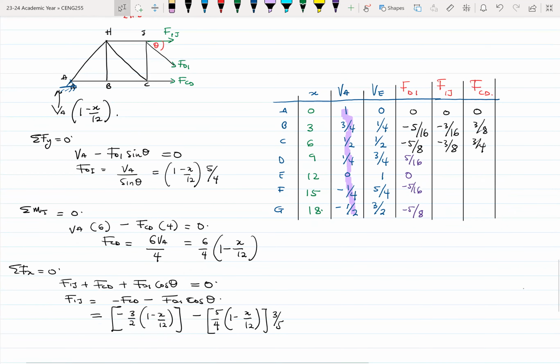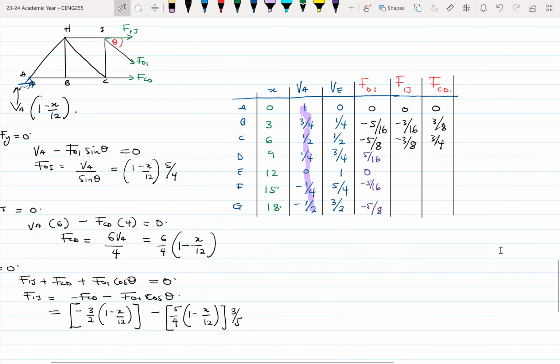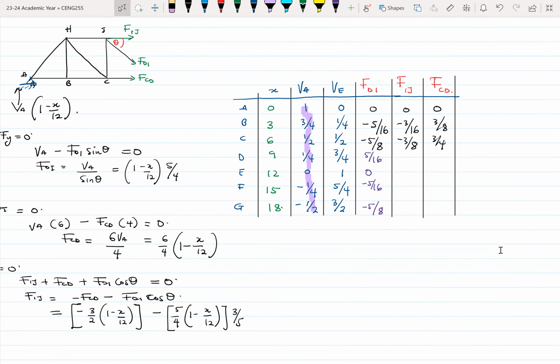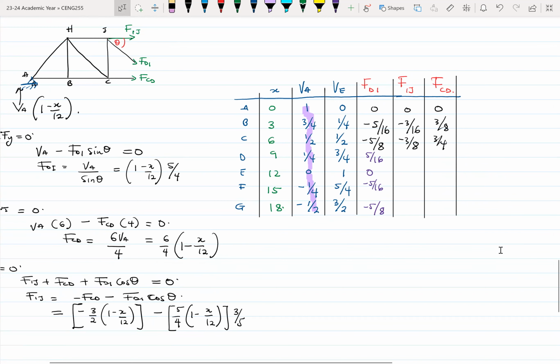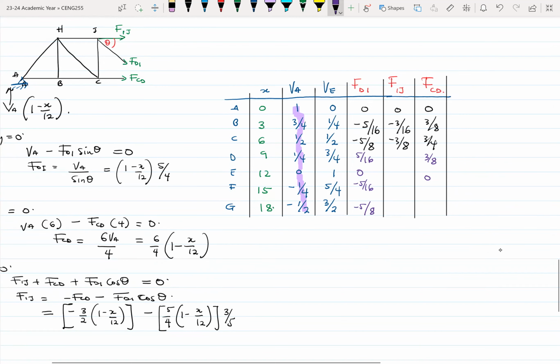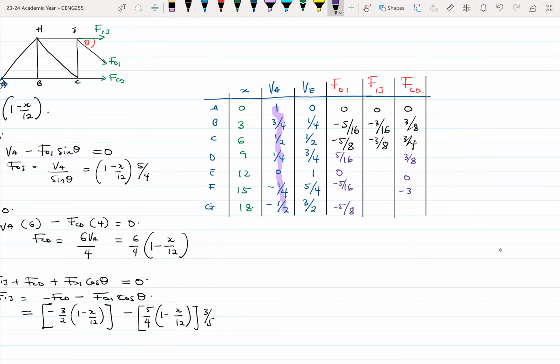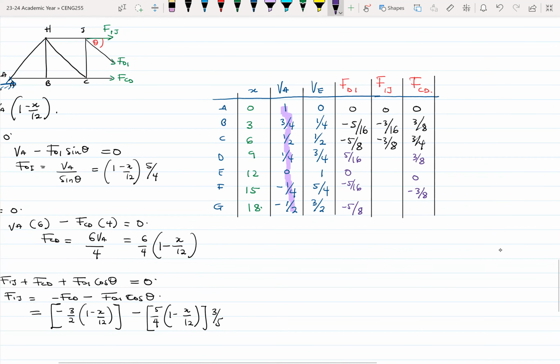So if you do it for FCD also, at 9 we'll get 3 over 8. At E we get 0. Then at F we get minus 3 over 8. At G we get minus 3 over 4.